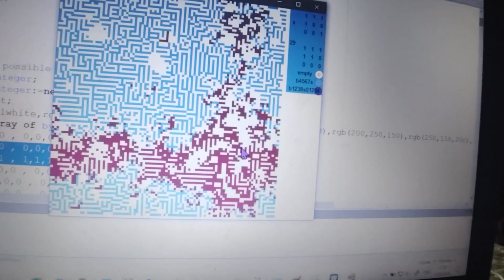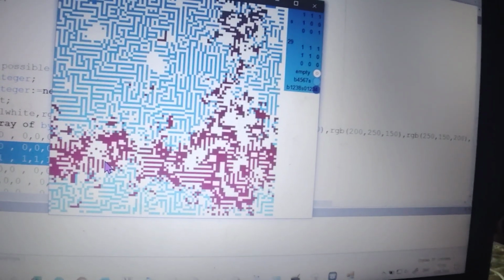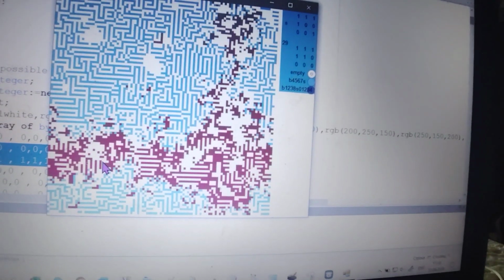Here it is 29, the age of 29 turns. And here, under the age scope, we can see them in red. And also we can see them disappear.